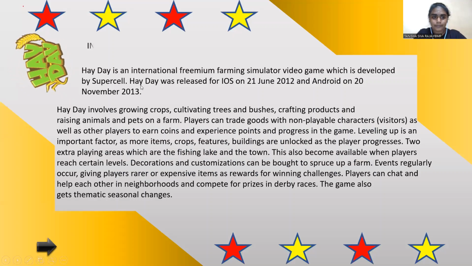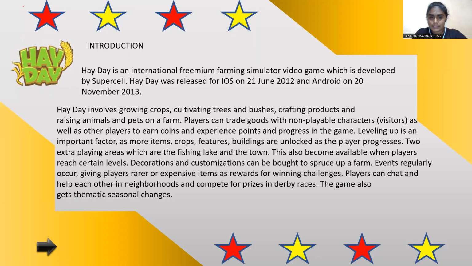So Hay Day is an international freemium farming simulator video game developed by Supercell. Hay Day was released for iOS on 21st June 2012 and Android on 20th November 2013. The game involves growing crops, cultivating trees and bushes, crafting products, and raising animals and pets on a farm.